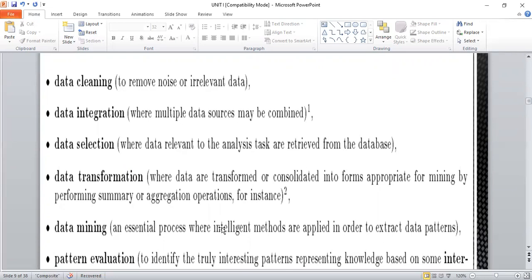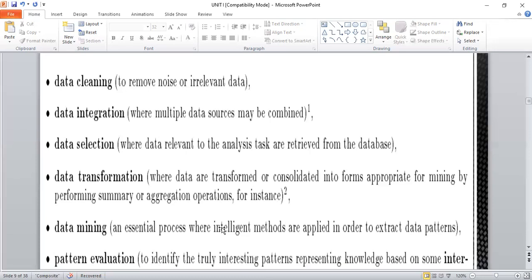Then data from different sources, when it has been cleaned, will be combined. So that is called the second step, which is data integration, where multiple data sources may be combined. Here the data will be combined by utilizing some synchronization tools, by utilizing some extract, load, and transformation processes that are available.